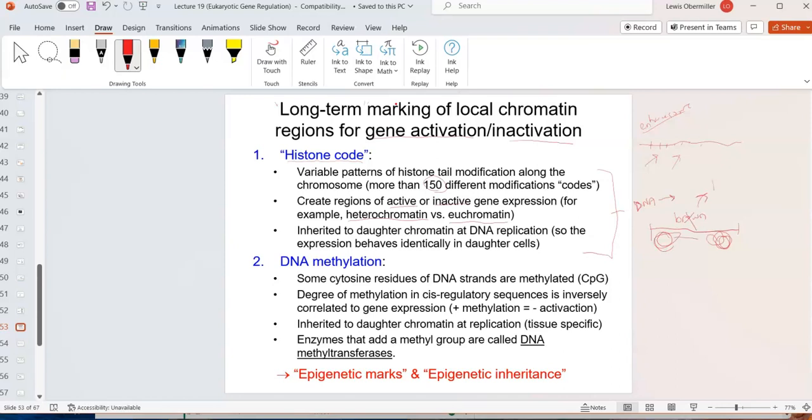So even though it would normally make brown pigment and you would have brown hair, if it's turned off, you're going to go to the default, which would be blonde. And this happens a lot during pregnancy or other hormone responses, where perfectly good genes can get shut down, or genes that are normally shut down can get turned on. And it has to do with the way that these histones have these modifications on them. So hopefully that makes sense.